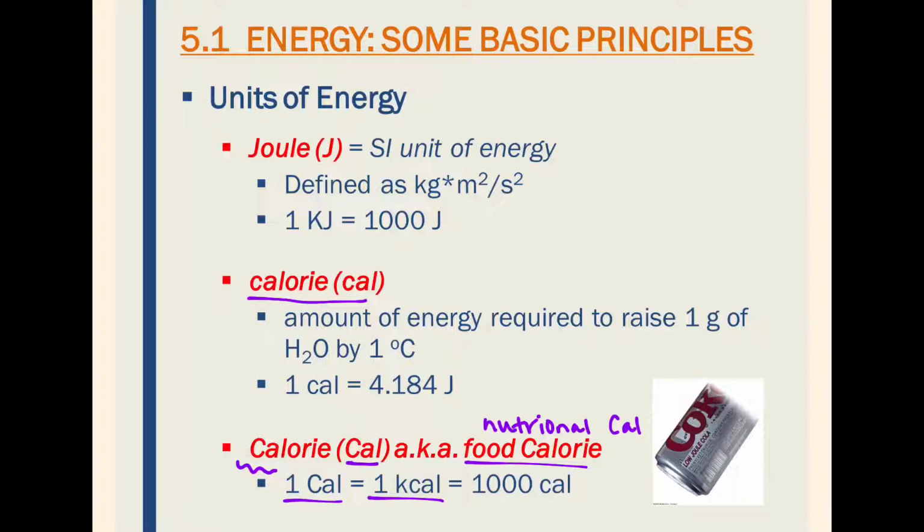Okay, now why do we have both of these? The short version is because the little c calories, if we put those numbers on food labels, they would be humongous. So it's a lot easier to say a granola bar has 120 capital C calories in it as opposed to saying 120,000 little c calories. So it's kind of just to make it look a little bit nicer, but ultimately, you'll see both of those.